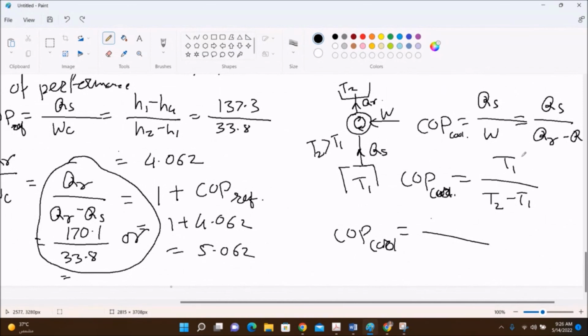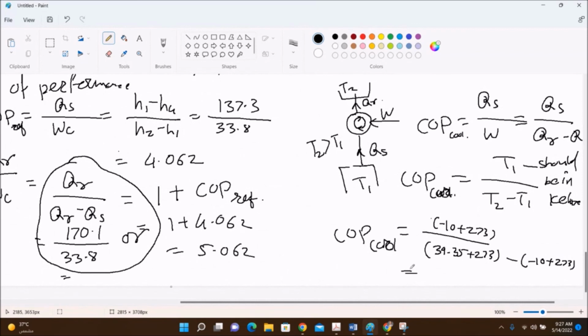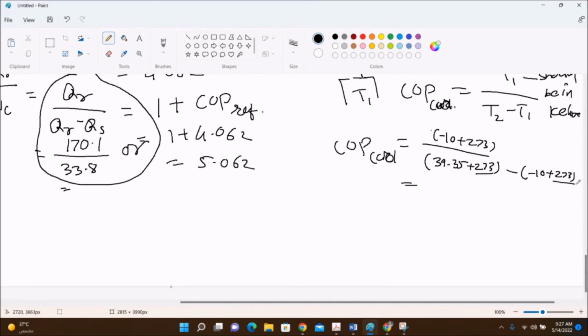This is a basic formula where temperature should be in Kelvin. So minus 10 plus 273, and here 39.35 plus 273 minus minus 10 plus 273. Write your answer. This is COP of Carnot cycle. This 273 and this 273 will get cancelled by this minus.